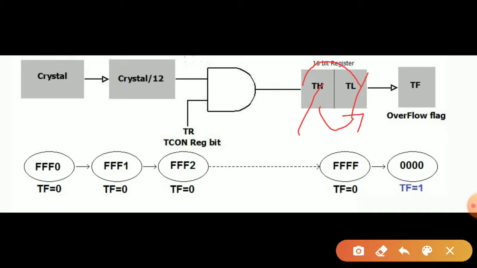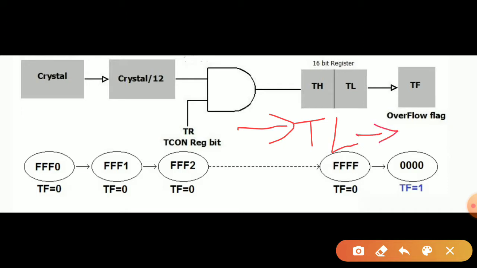It's always better to use TL first and TH next, wherein the counting pulses are input from this stage and the pulses from this stage are counted through the TL first. When the TL overflows, TH will be incremented by the overflow bit of TL.